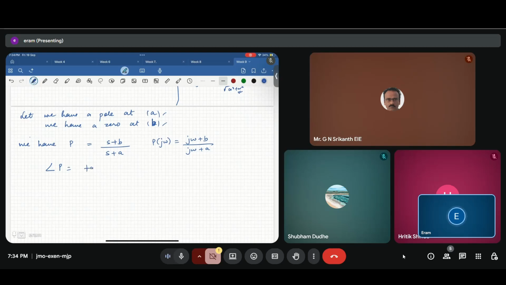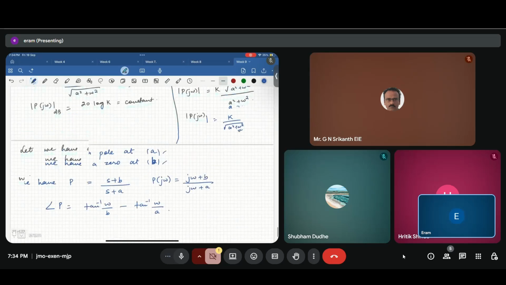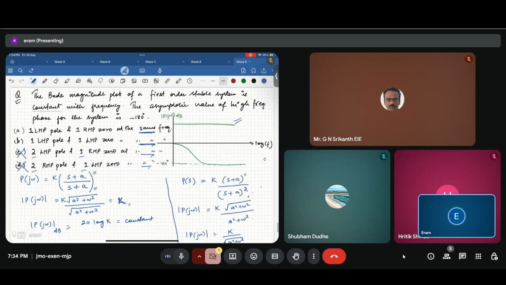It will be tan inverse of omega by b minus tan inverse of omega by a. Now what will happen as omega goes to infinity? Because it is settling at minus 180 degrees as omega goes to infinity.